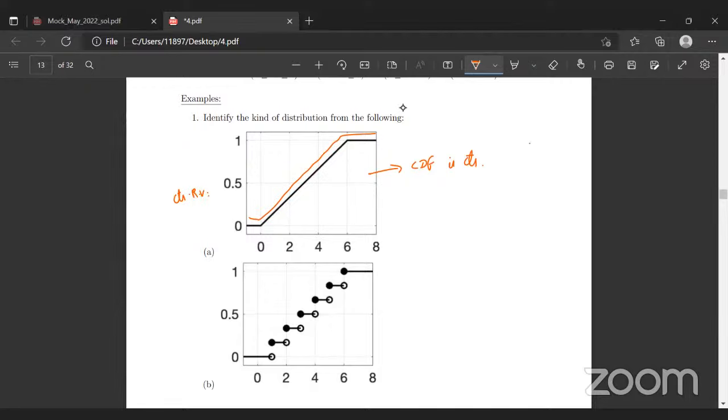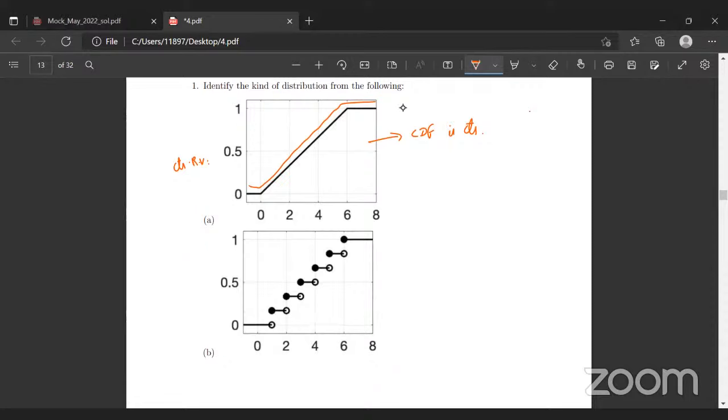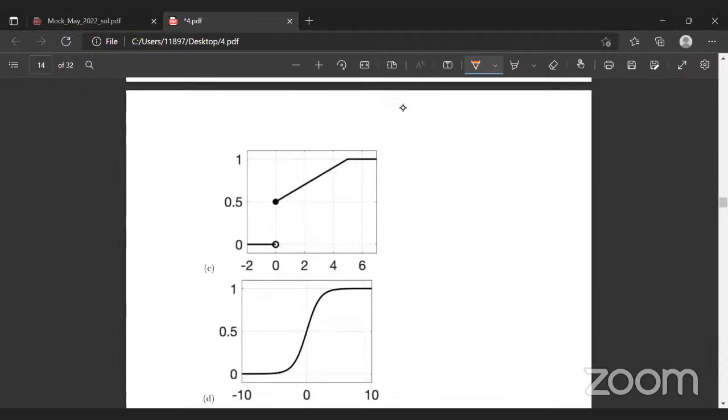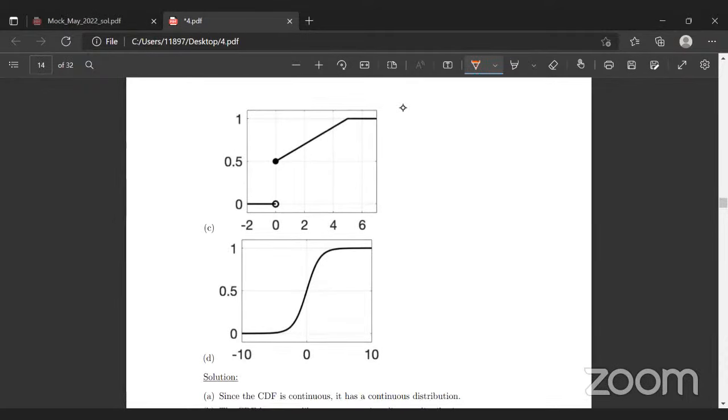Now, if you look at the second graph over here, this is also the plot for a CDF, and you can see it has jumps at all these discrete points. So once you see a CDF like this, this is a CDF for a discrete random variable. Now in this case, you see that at 0 you have a jump of 0.5.